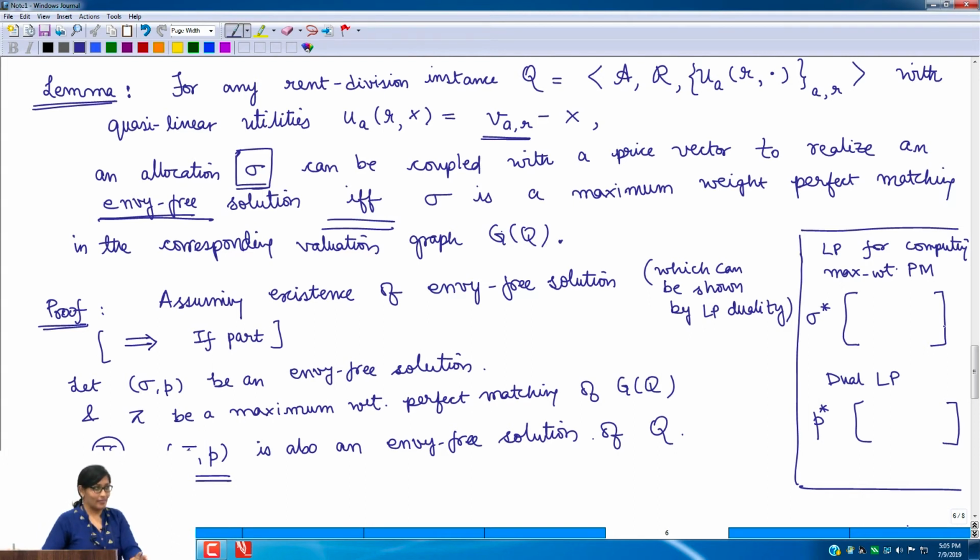We can take it offline if there's any more confusion. Right now, what I'm trying to prove is a characterization of these sigma comma p tuples which are NV-free: the sigma must be a maximum weight perfect matching. It cannot be anything else. I know that I've assumed existence right now, but currently I'm just saying that, assuming existence, I am proving this.